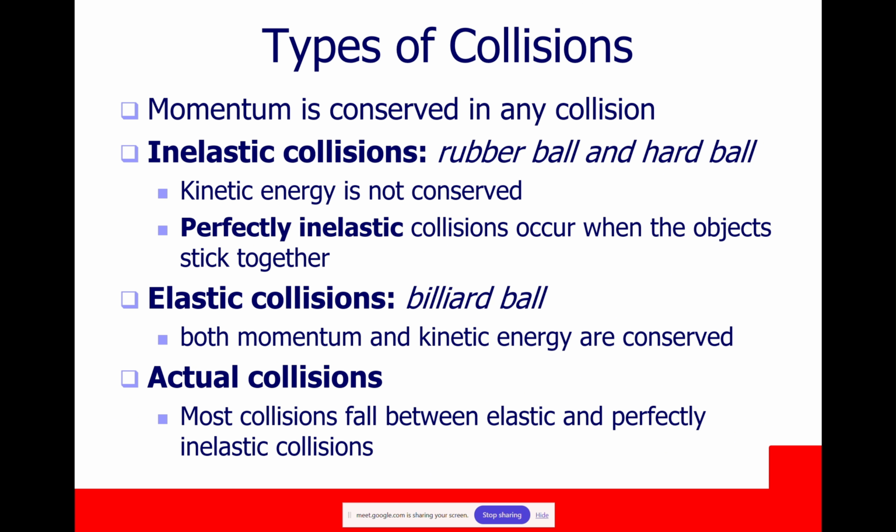In inelastic collision, you have the example of a rubber ball and a hard ball. Usually in inelastic collision, kinetic energy is not conserved. There's kinetic energy lost, because the initial kinetic energy is usually more than the final kinetic energy. So there will be a difference. When you subtract, you have a value.